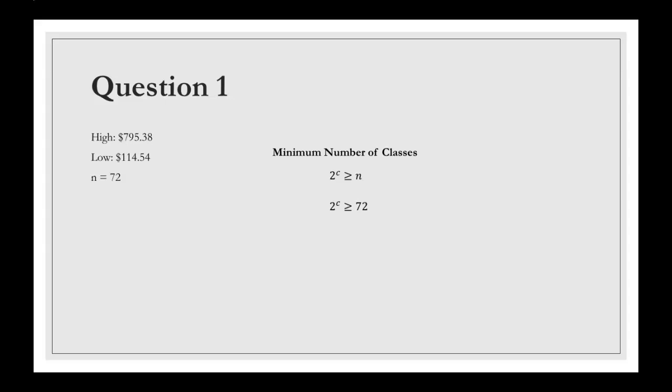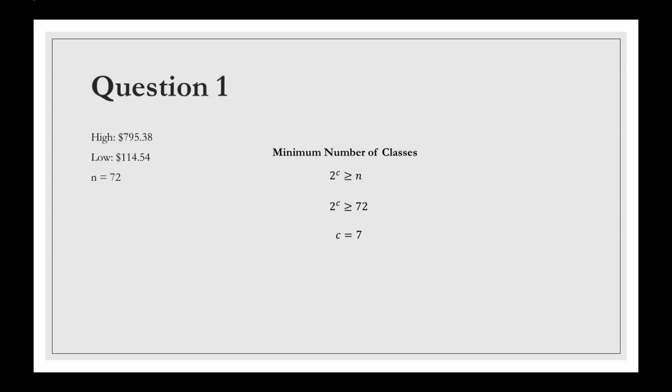So we have to just see, okay, 2 to the second power, 2 to the third power, until we reach 72. So 2 to the seventh power will be the first time that we exceed 72. Right, so C equals 7.